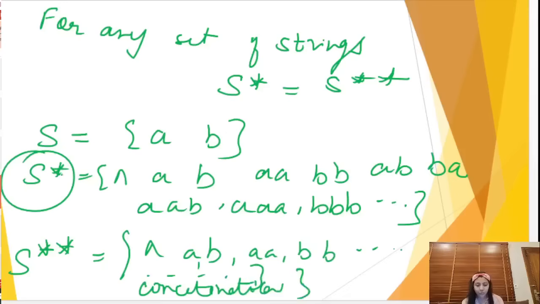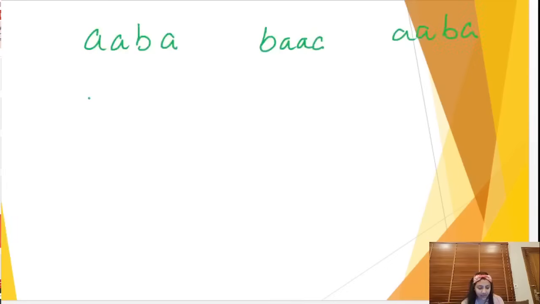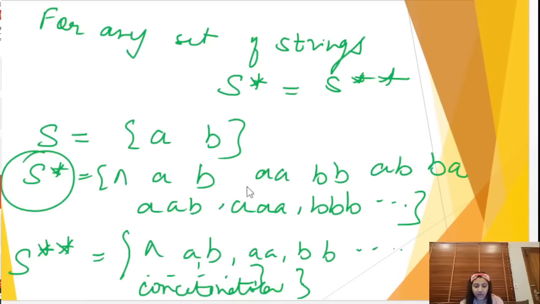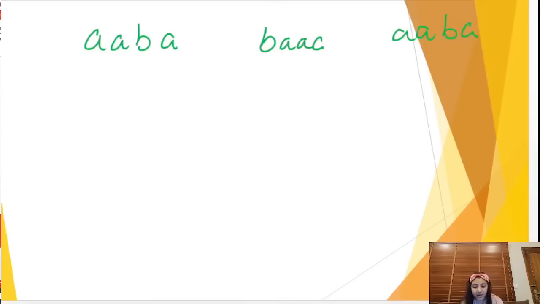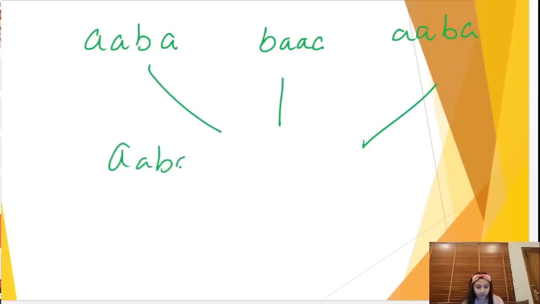If I have to prove that S star and S double star are equivalent or not, let's take any strings, let's say AABBA, BAAA and AABA, right? Now all the 3 strings belong to my S star. We can check. Now when I do their concatenation, it will form AABBABAAAAABA, right?